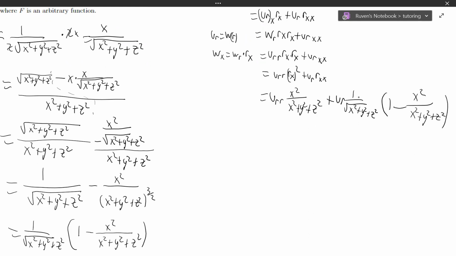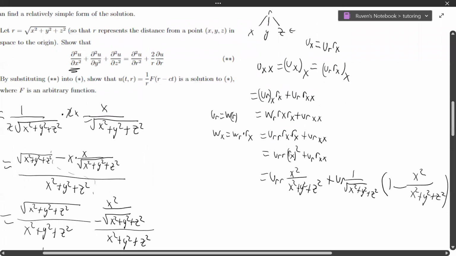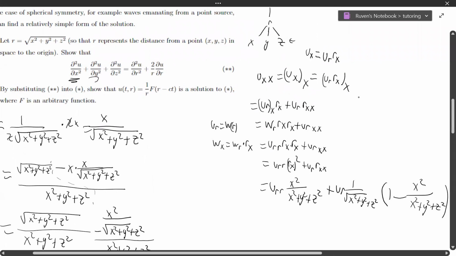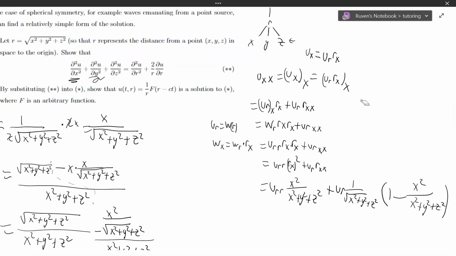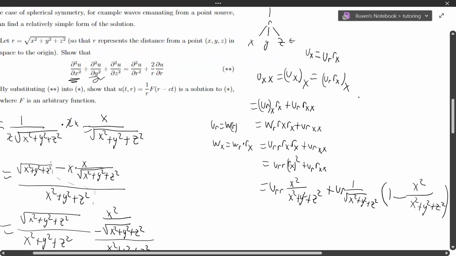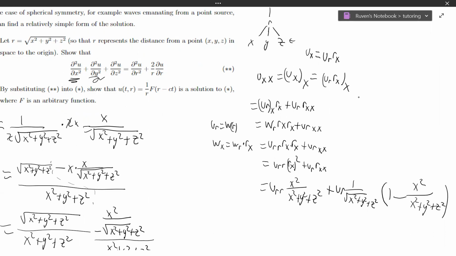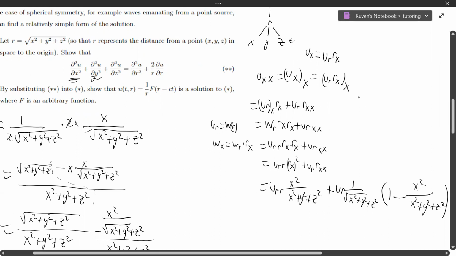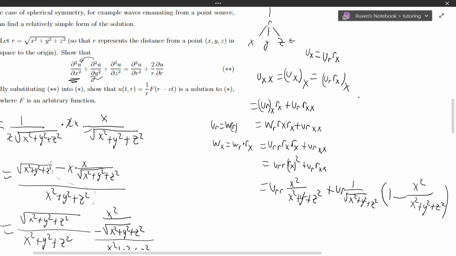Okay? So now that we have that, what we can also notice is that this function is symmetrical, in terms of it doesn't matter if you take the derivative of x squared or y squared or z squared, they're all going to be the same. So that means in the end, this is going to be identical to this one. So if we take the partial with respect to y or the partial with respect to z, they're all going to be the same.